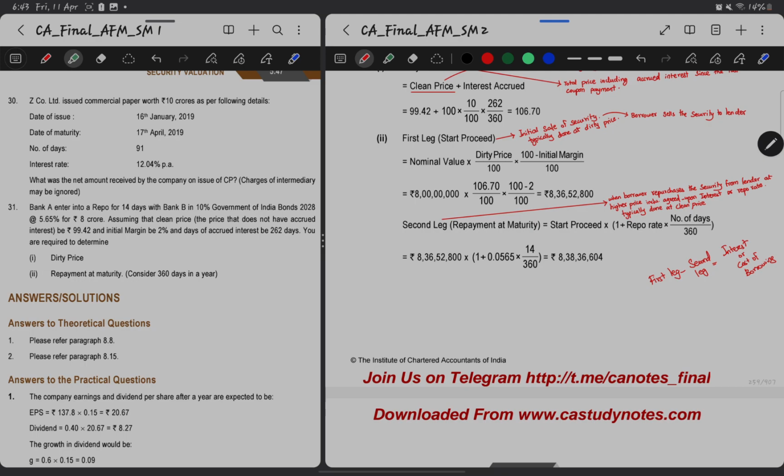So the repo rate is for 14 days, so 14 divided by 360, as the question specifically mentions to consider 360 days, and the repo rate is given as 5.65%. So calculating, we are getting the repayment at maturity as 8 crore 38 lakh 36,604.